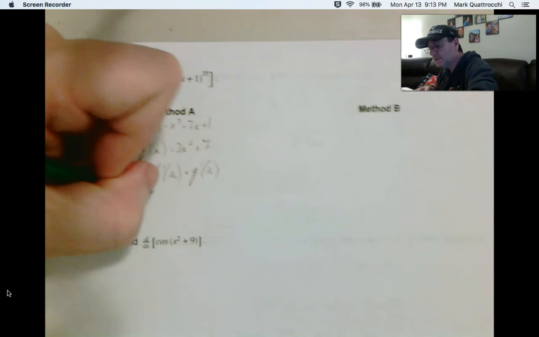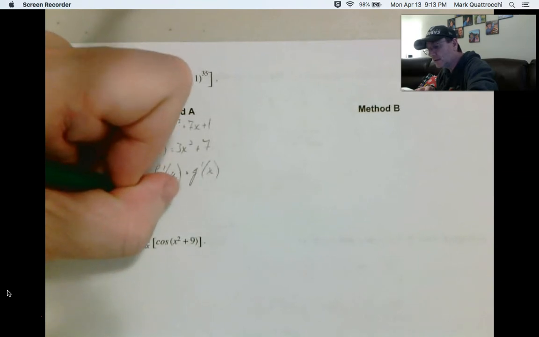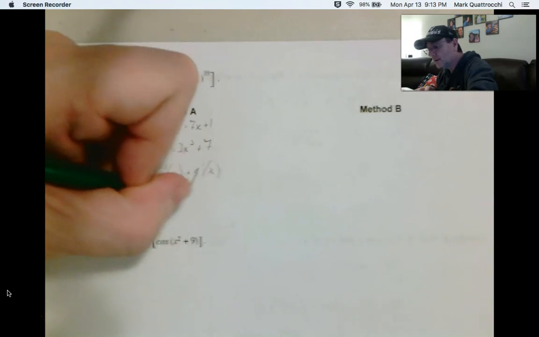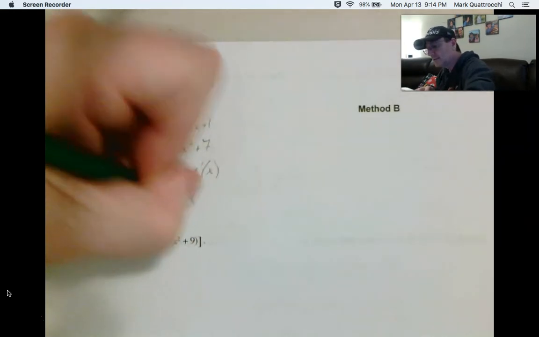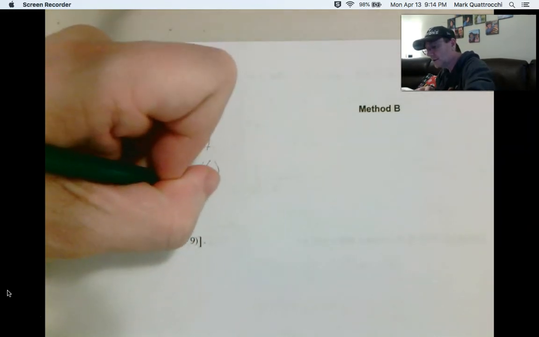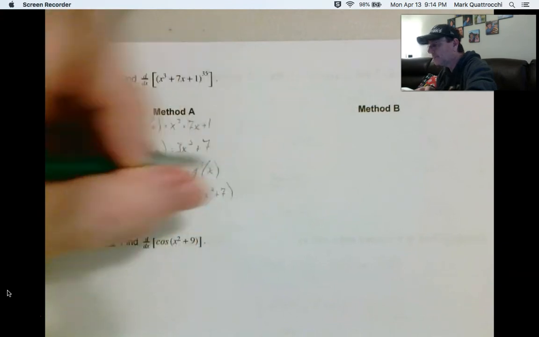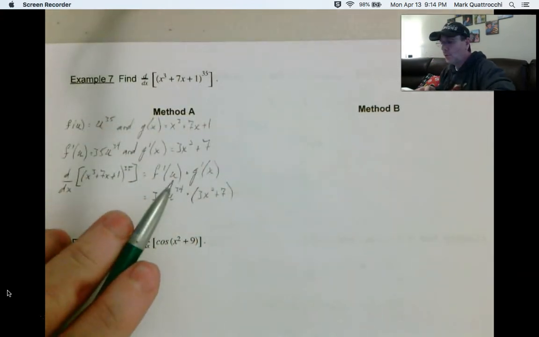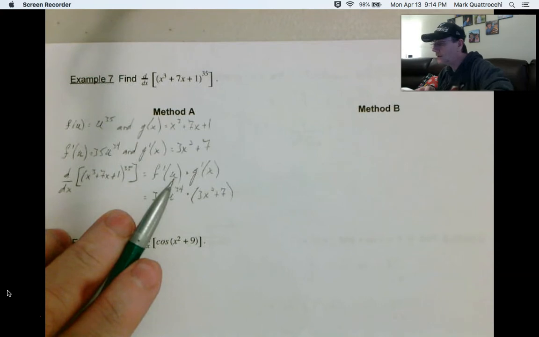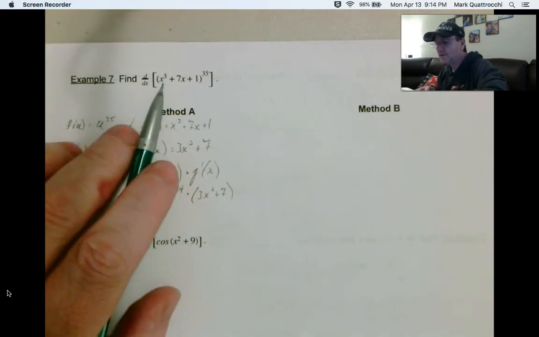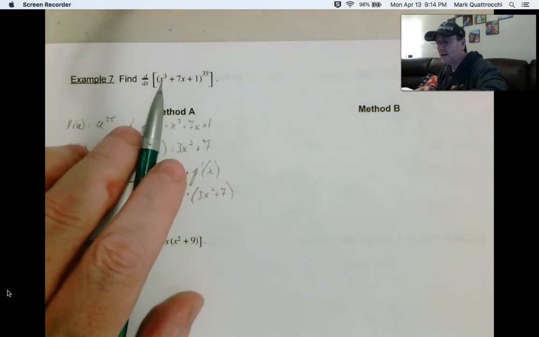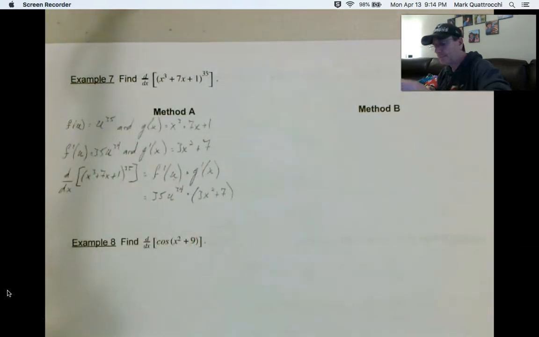F prime of u is 35 u to the 34th power times 3x squared plus 7. U, the original inner function, is x cubed plus 7x plus 1.